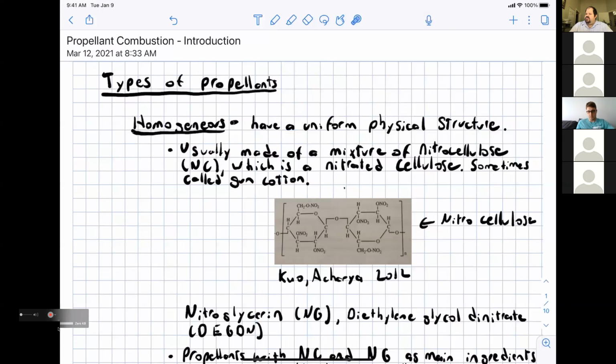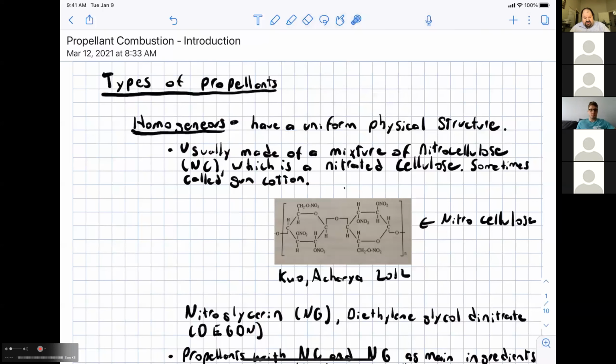Those are never used in a practical system because they're too difficult to work with, but they are used for basic studies. But that doesn't mean that homogeneous propellants are not useful. In fact, they're used quite a bit in one application.